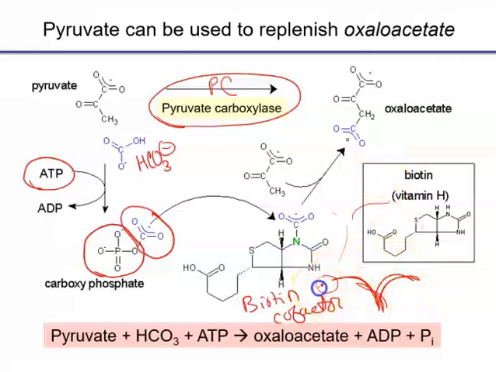So we have one site for the phosphorylation of bicarbonate to form carboxyphosphate, and then we have a second active site where we are going to have transfer of that bicarbonate to pyruvate to form oxaloacetate. So here's the one carbon from your bicarbonate. So biotin is a one carbon carrier.